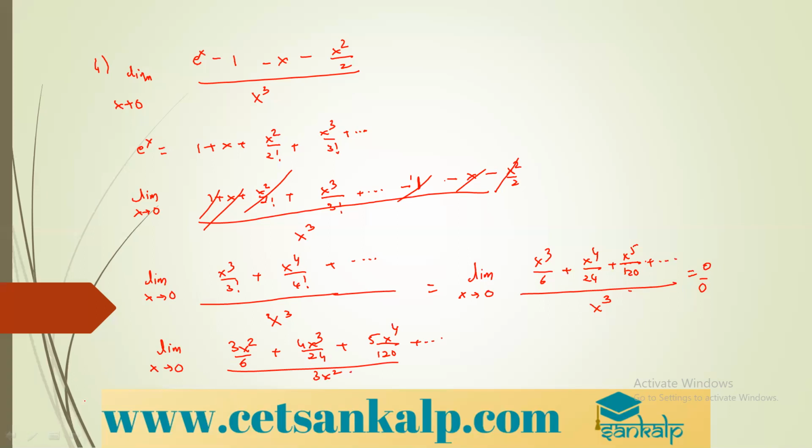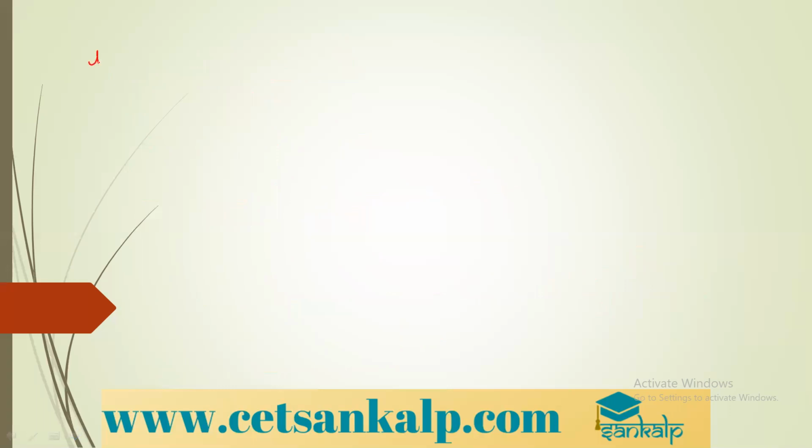Now, still, if you put x as 0, you will get 0 by 0. Here, 3 twos, 4 sixes, 5 twenty-fours. This is what you have. Still, when you put x as 0, you will get 0 by 0. So again, we can apply L'Hopital's rule.